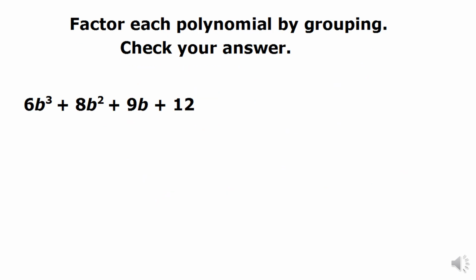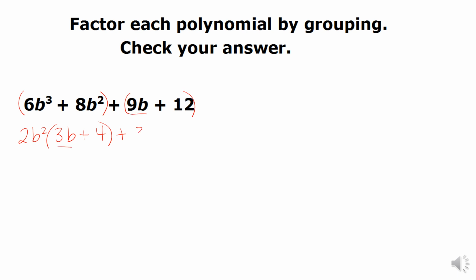Okay, so let's look at this one. We're going to put our grouping symbols on. Okay, you always want to make sure there's 4 terms. That's when you do grouping. I'm going to factor out a 2b squared, and I'm left with 3b plus 4. And then when I factor over here, I'm going to look at the 9b and say, I want 3b.